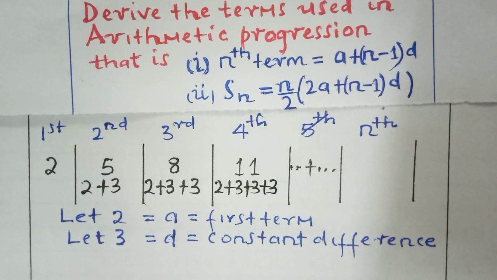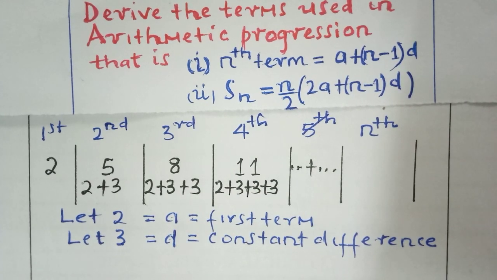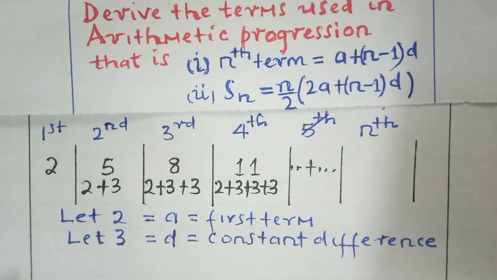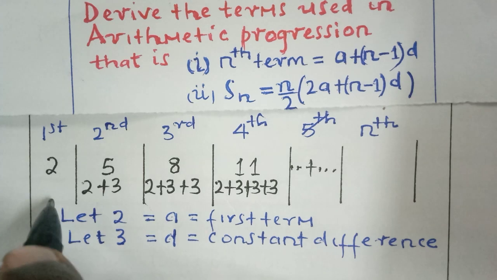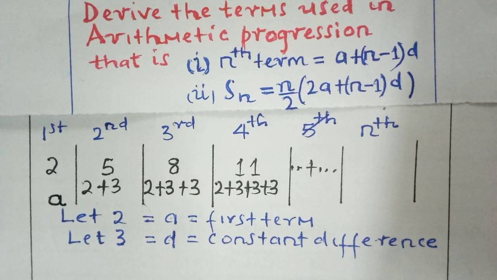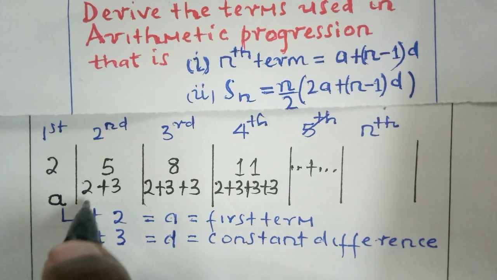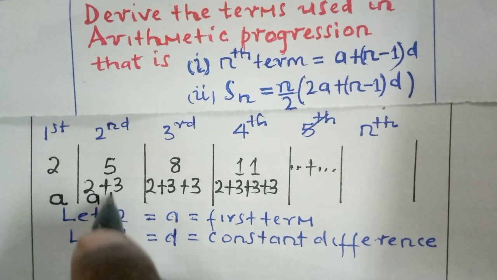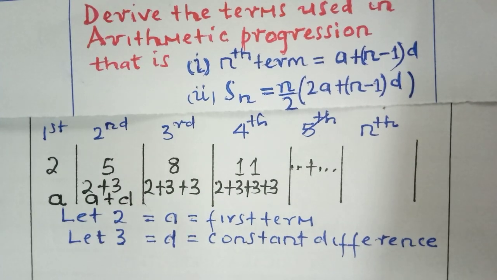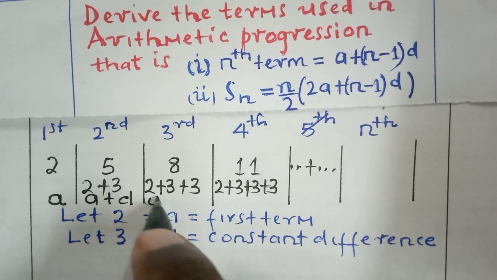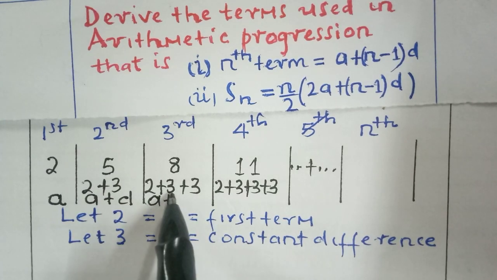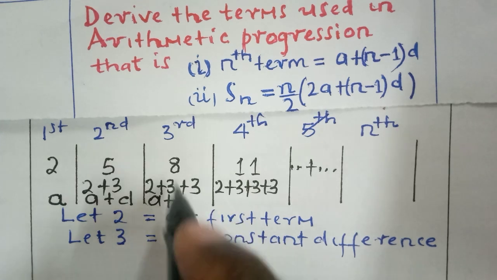And so if I now come here, I have said that let 2 be equal to A. So this 2 is now going to give us A. Coming to this position, we have A plus D. Then we have A plus D plus D, which is 2D.